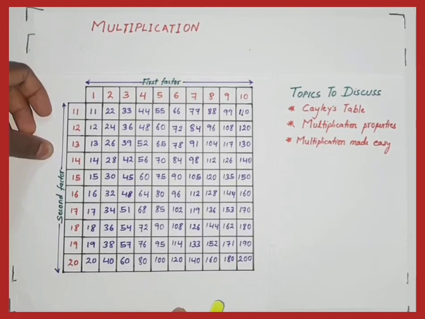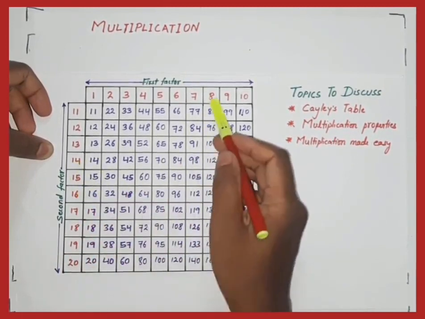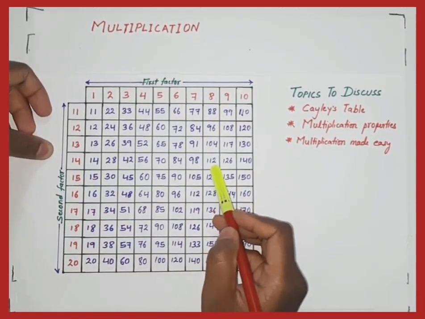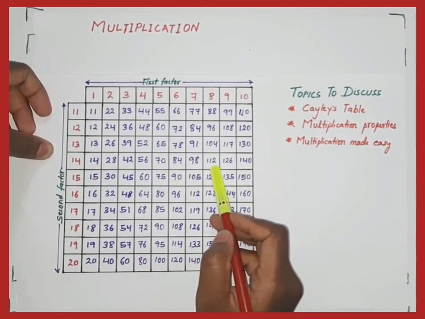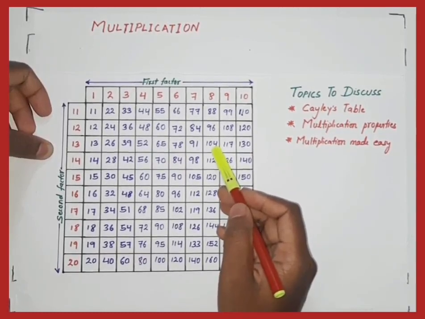So if you forget the table for 14, like what is 14 into 8? 14 into 8 is 112. But you have forgotten, what will come? How will you relate? But you know the table for 13. 13 into 8 you know, that is 104. So what do you do?